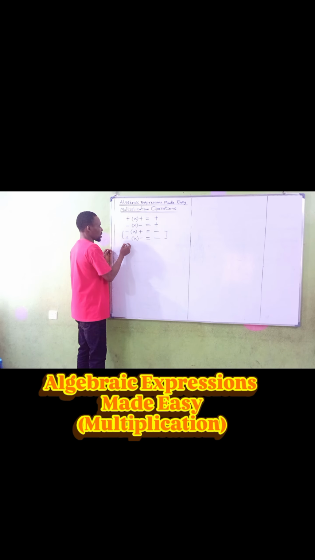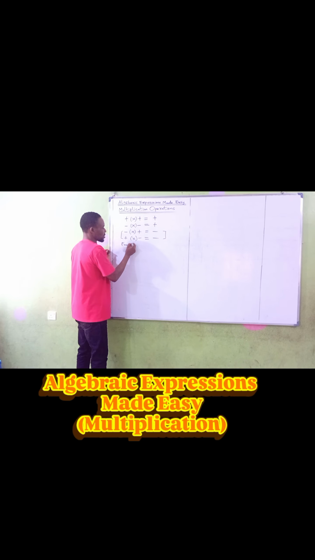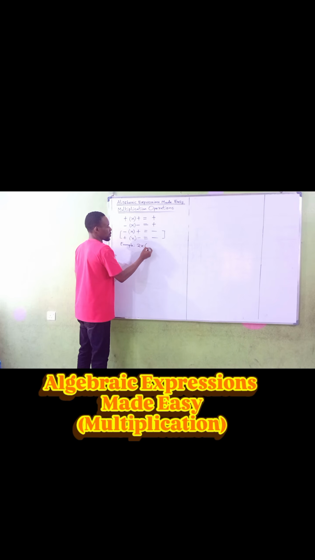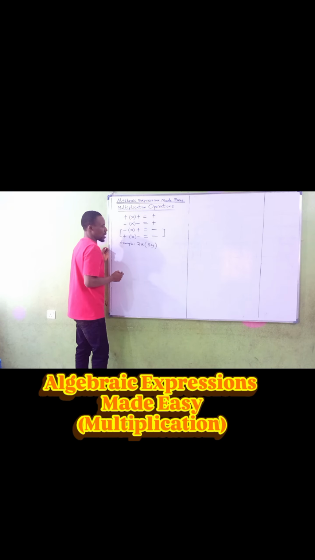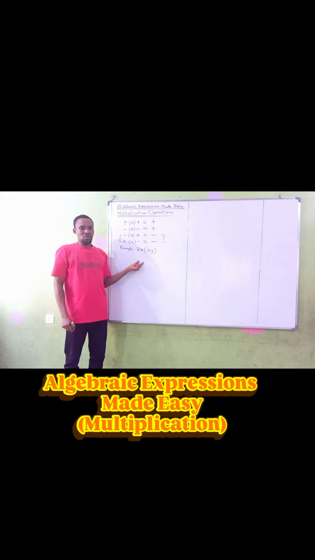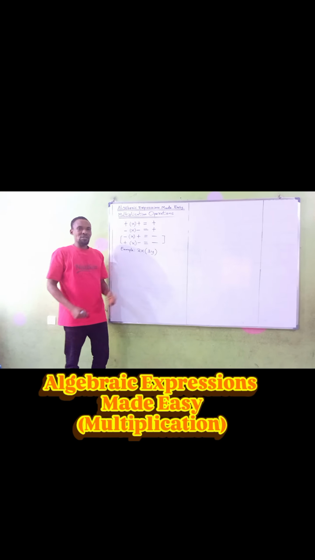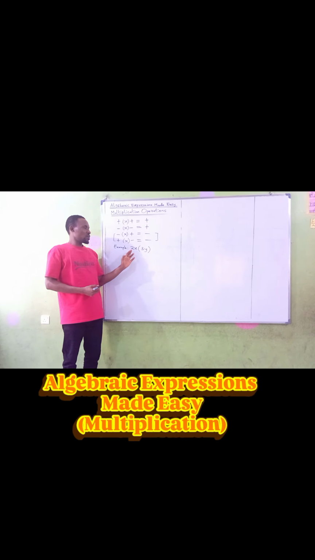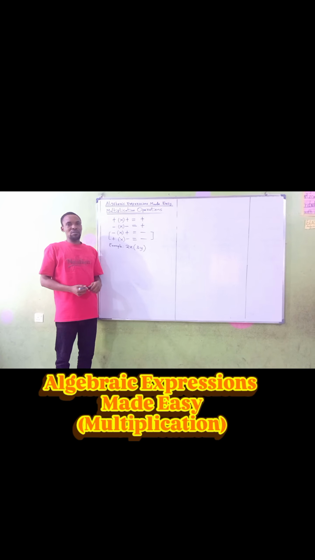Now with that being said, let me give an example. Let's say you are given 2x multiplying 3y. Now, in order to solve this algebraic expression, you need to know something. There are two variables here.